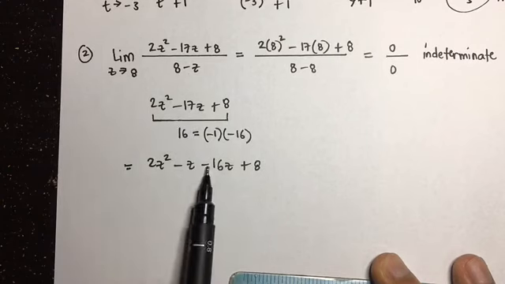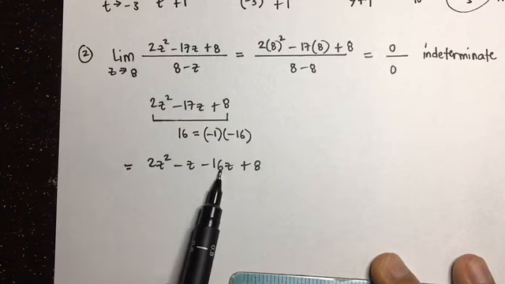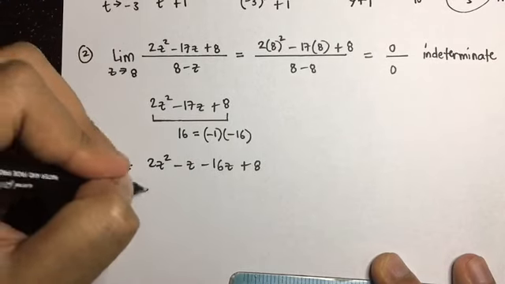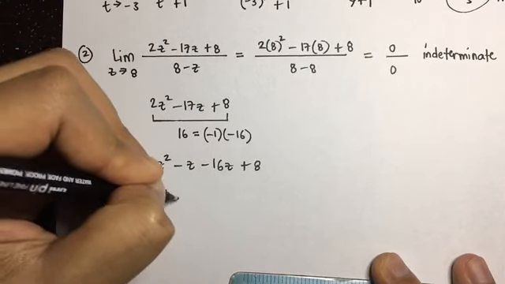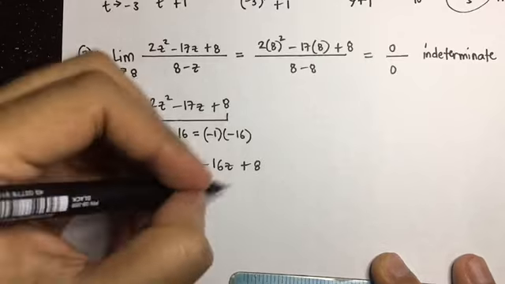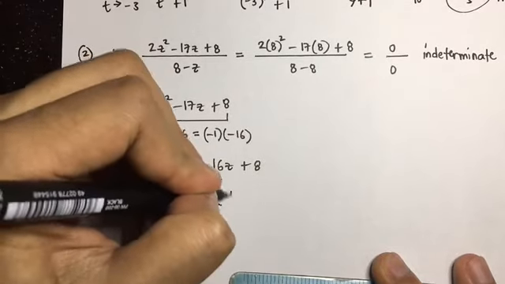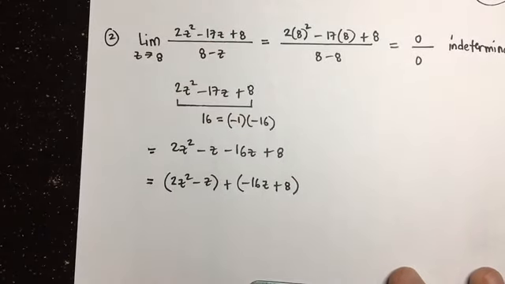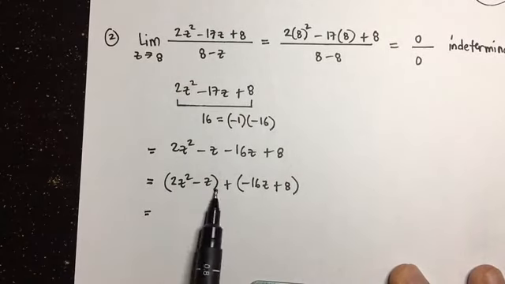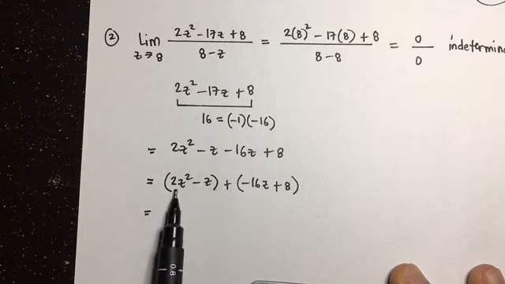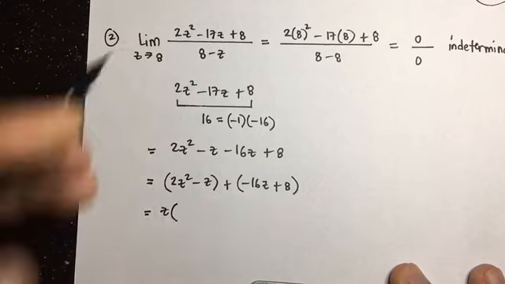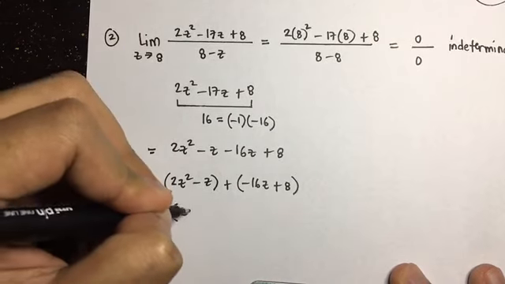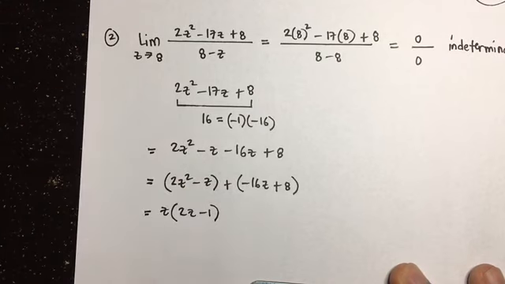In this way, we can now group the first two terms and the last two terms: 2z squared minus z, and then negative 16z plus 8. For the first group, the greatest common factor is z, so we factor out z, and what remains inside is 2z minus 1.